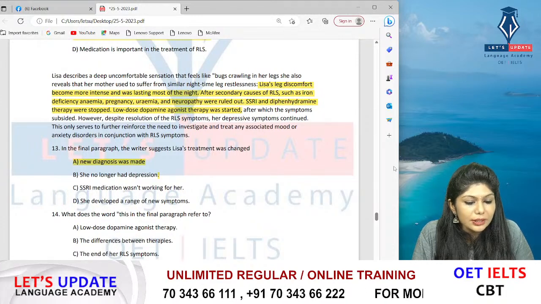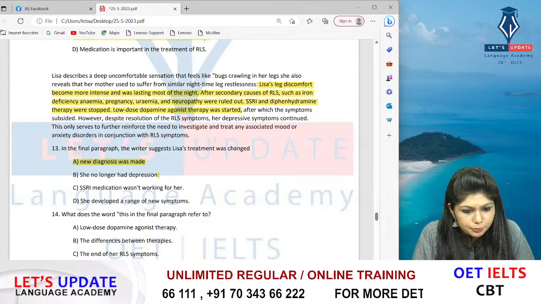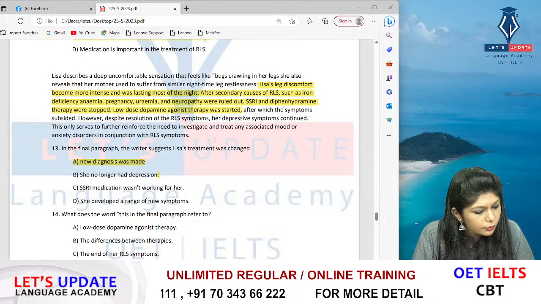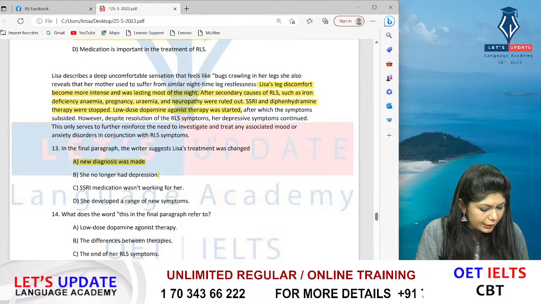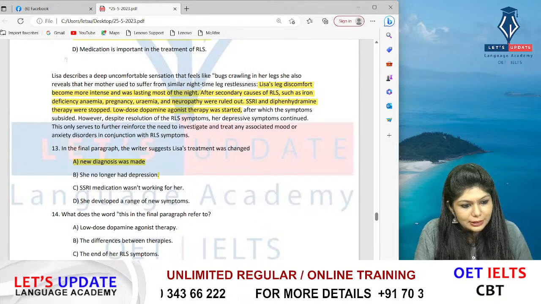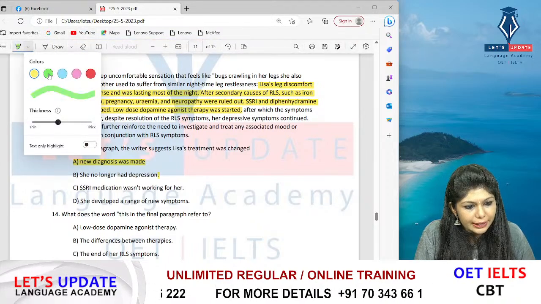Question 14: what does the word "this" in the final paragraph refer to? I'll just highlight that word in green so you can see which "this" they are referring to.